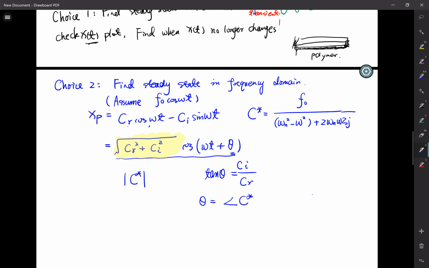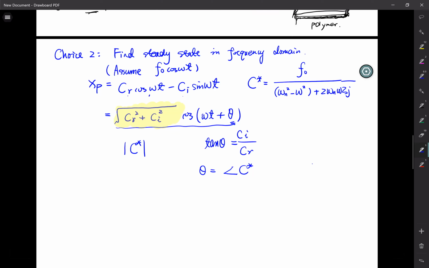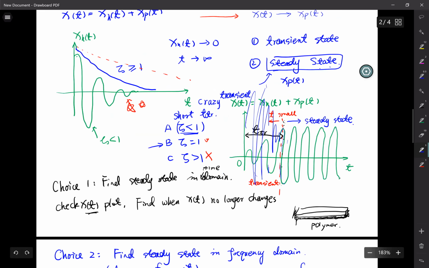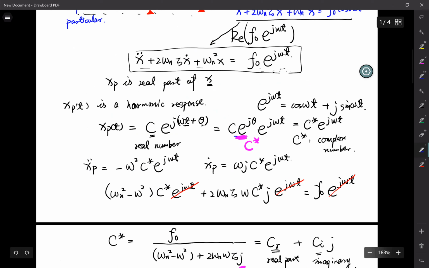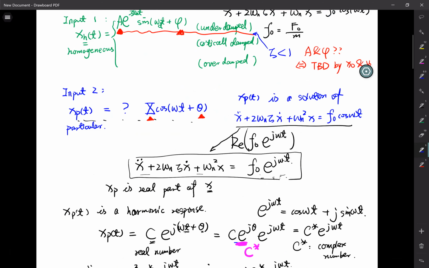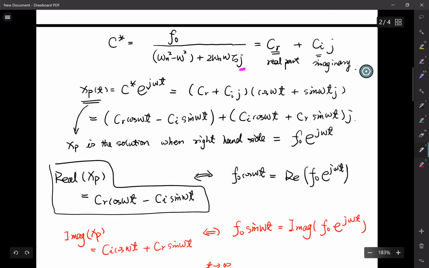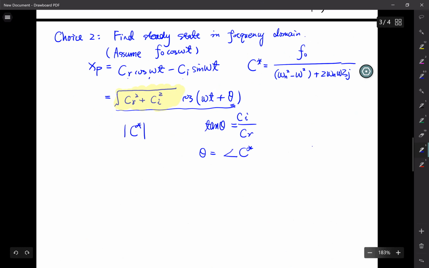All right? So remember, we have to go back to the very beginning. Your XP is X times cosine omega t plus theta. So that means this equals big X cosine omega t plus theta. So that's your steady state response.